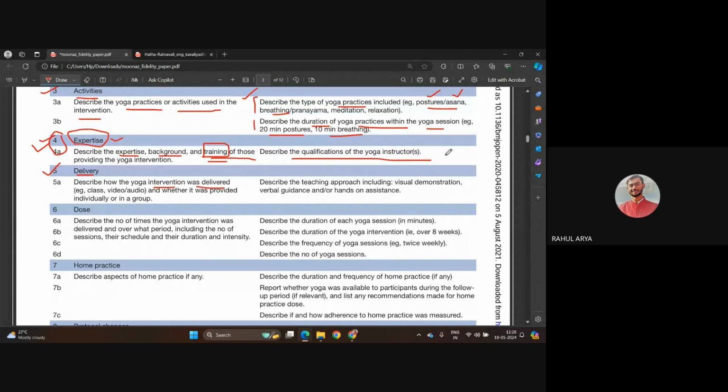The students are in front of her, individually, one by one, and Lakshmi ji is giving the practice and properly observing all their activities. Option 2, the participants are practicing in a group: 20 students, 50 students, 100 students at one time.